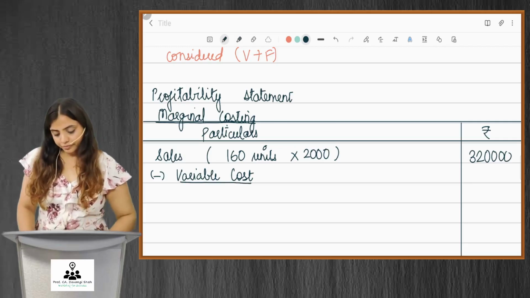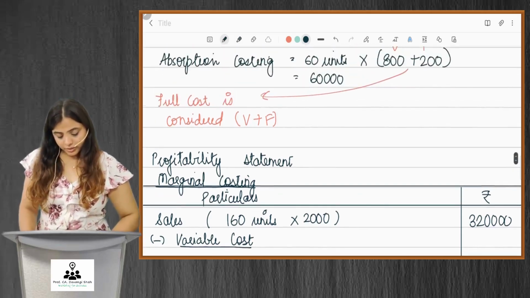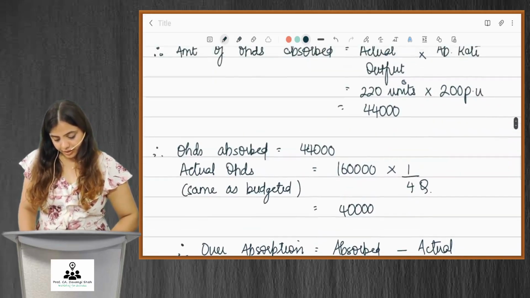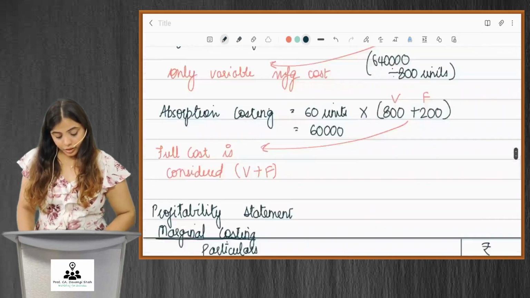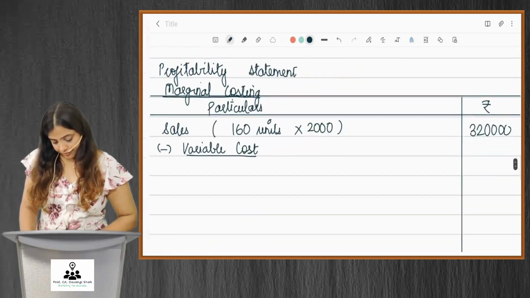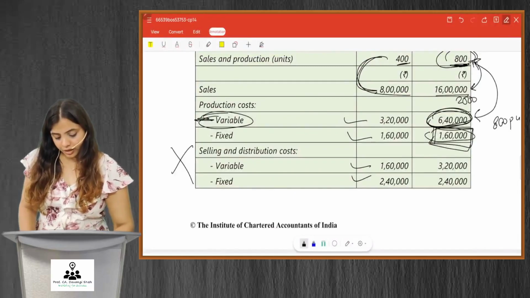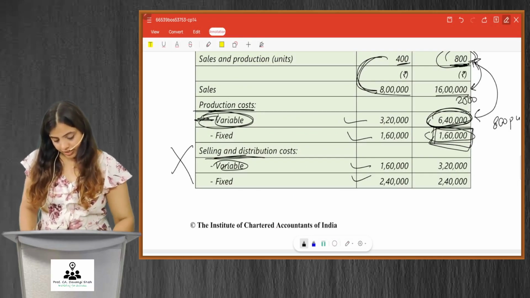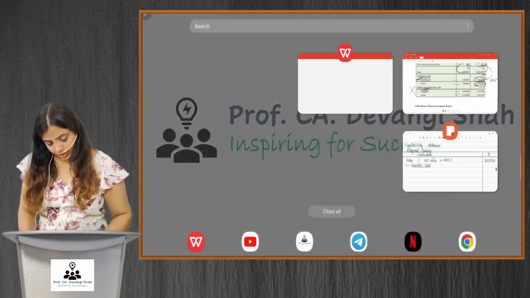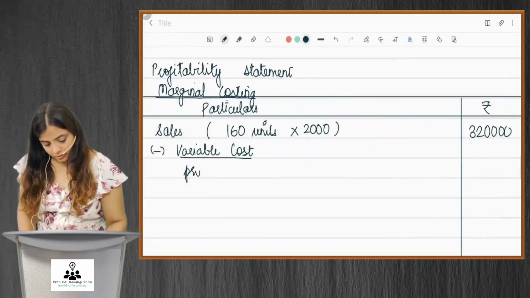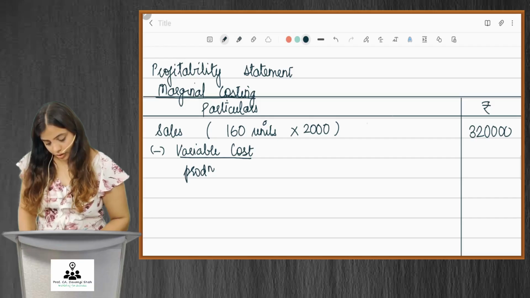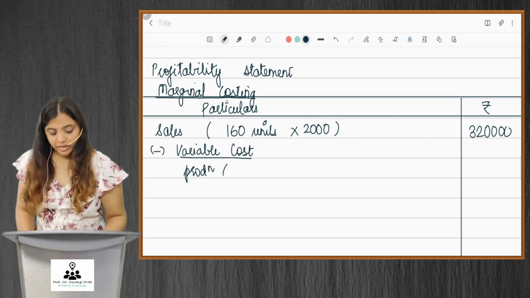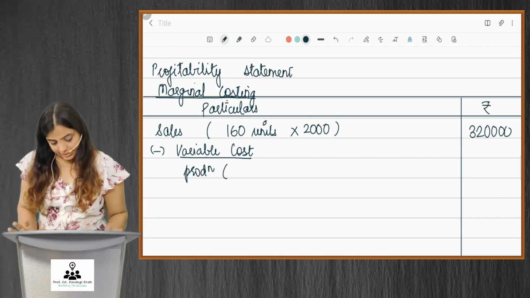Now, what is this variable cost? Friends, we have incurred two variable costs in the question. There is variable production cost and variable selling cost, and both have to be taken. Variable production cost is 800 per unit. So if I want to write stock, I would present it like this.